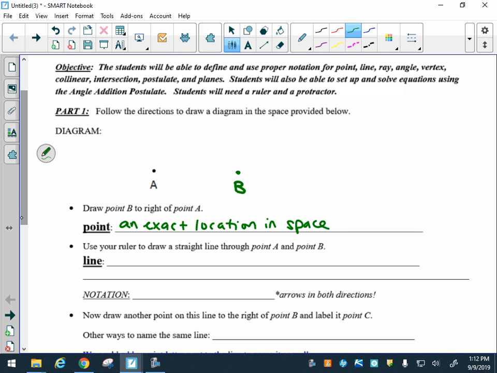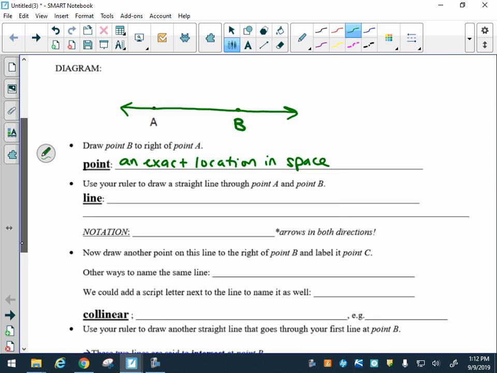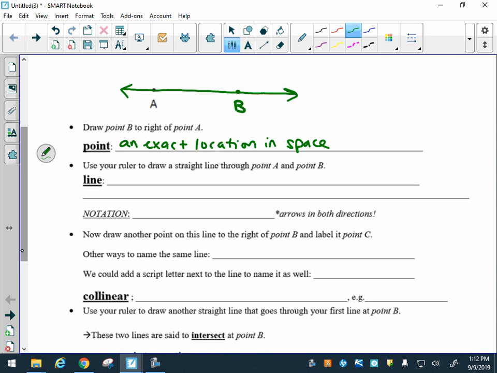Okay, now use your straight edge and draw a line through points A and B. And we're going to define line. So how would you define line? Yeah.